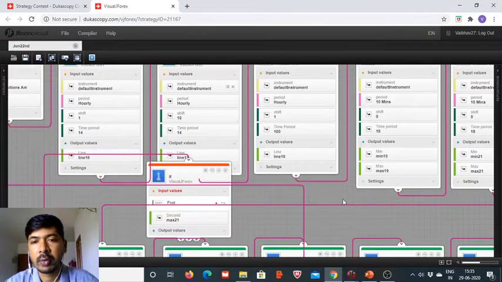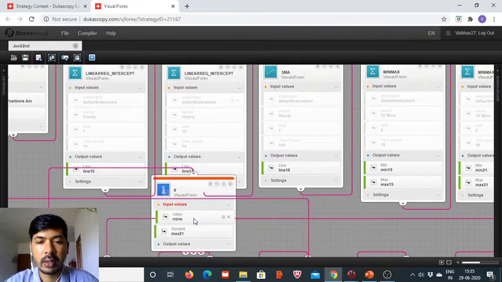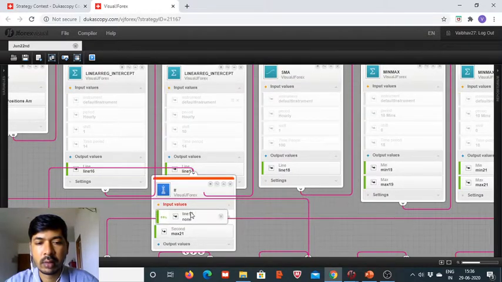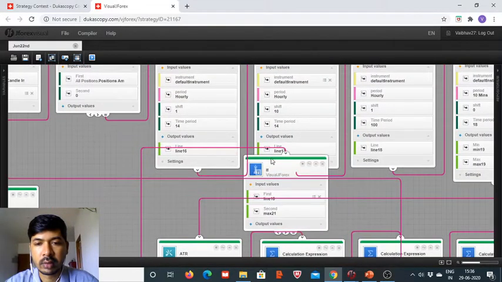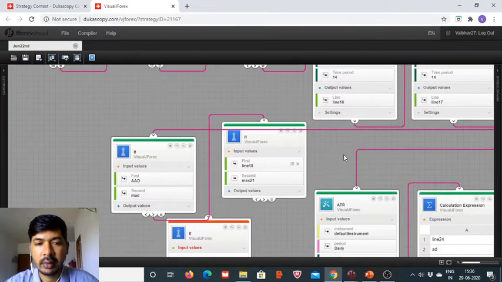So here we have to compare it with line 18. Yes, so that has been defined, line 18.